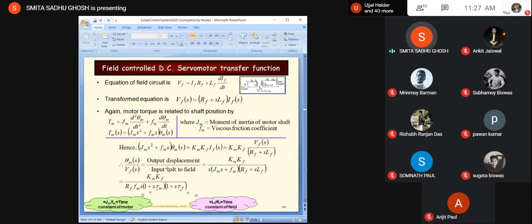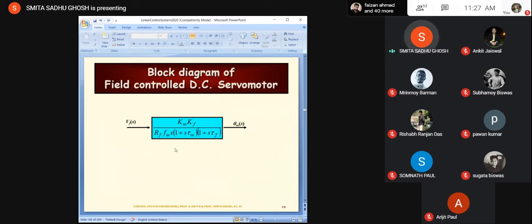Now over here you see Km, Kf, Rf, Fm, all these are constants. So it is going to just boil down to one constant divided by s into (1 plus s tau m) into (1 plus s tau f). So if you think of it in that way, it has become pretty simple.